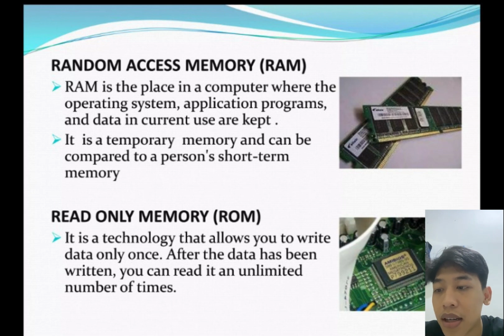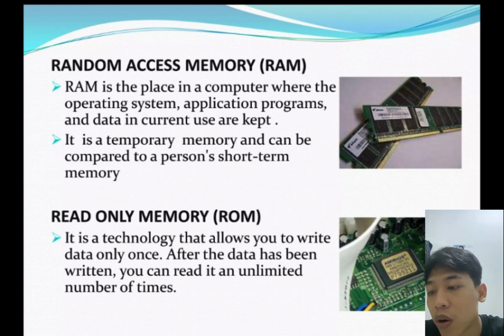And then RAM or random access memory. RAM is the place in a computer where the operating system, application programs, and data in current use are kept. It is a temporary memory and can be compared to a person's short-term memory.